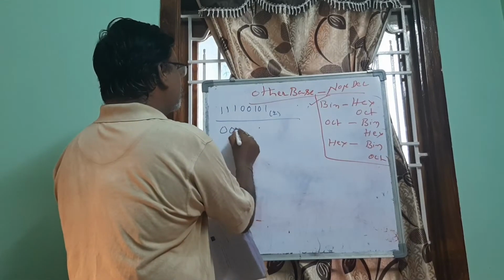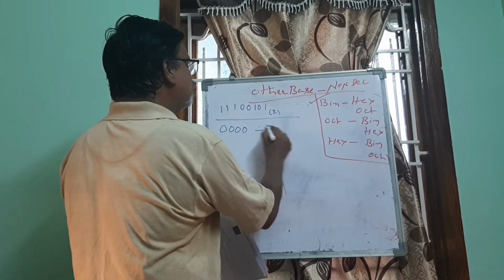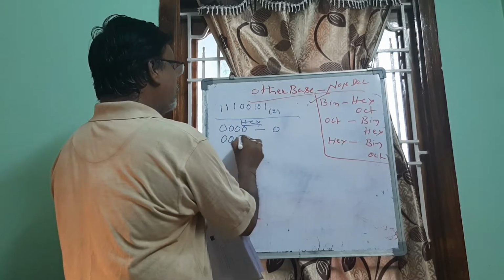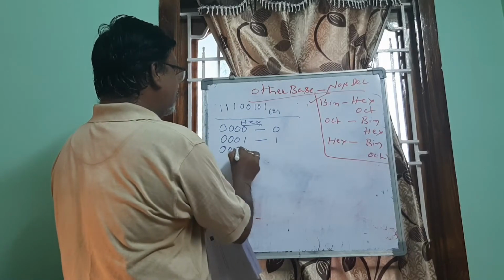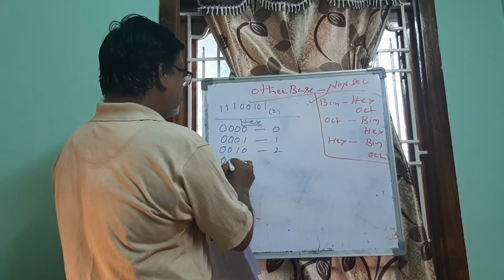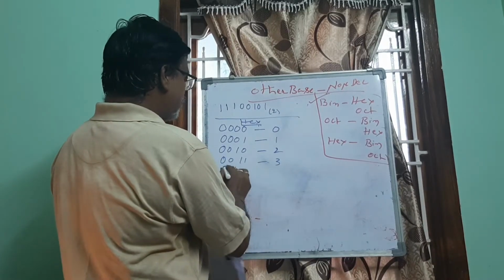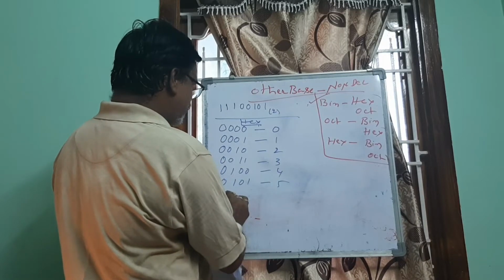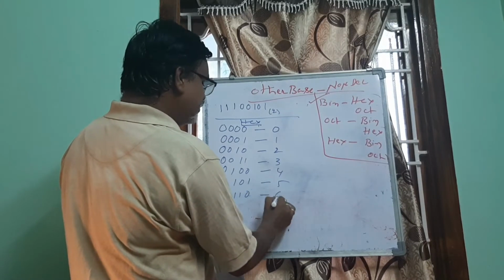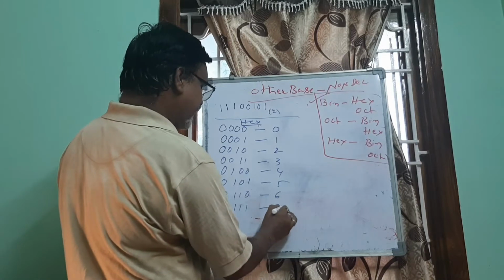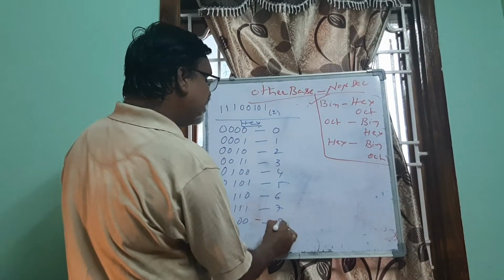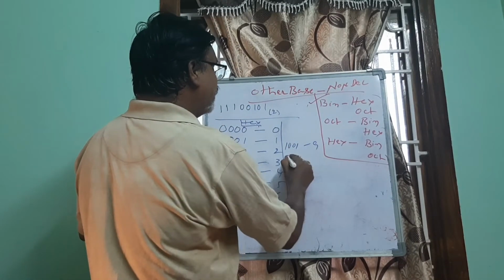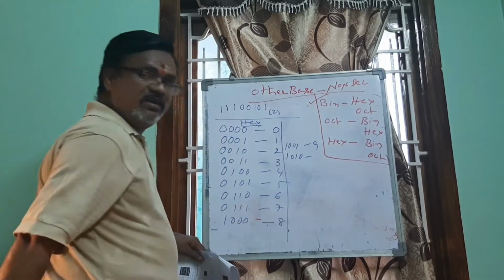This is the hexa number table. 0000 is 0, 0001 is 1, 0010 is 2, 0011 is 3, 0100 is 4, 0101 is 5, 0110 is 6, 0111 is 7, 1000 is 8, 1001 is 9, 1010 is 10.